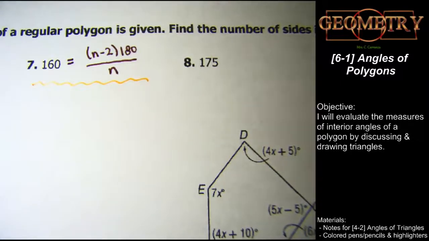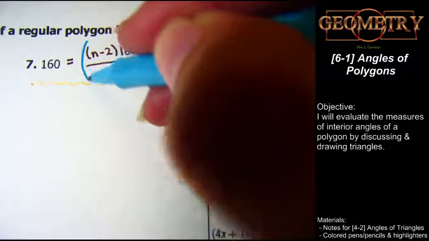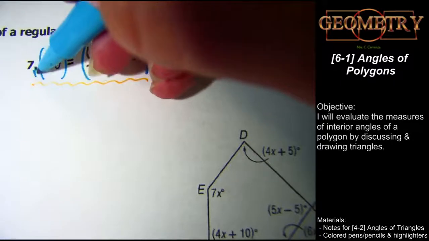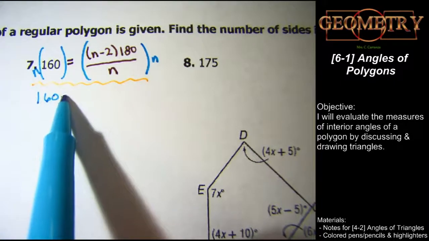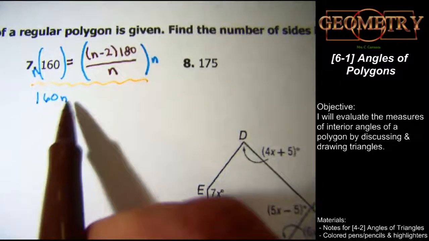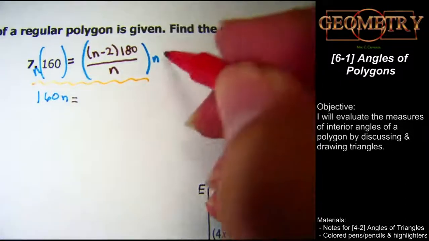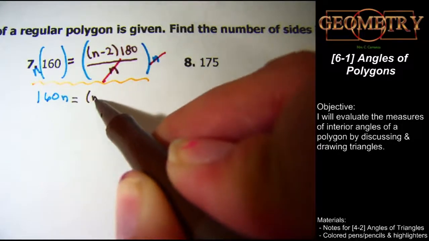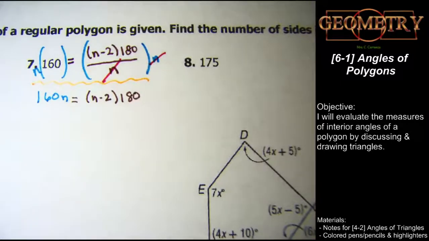I'm going to get rid of the fraction in the equation by multiplying both sides by the denominator. That's going to turn the left-hand side into 160n and the right-hand side into n minus 2 times 180.